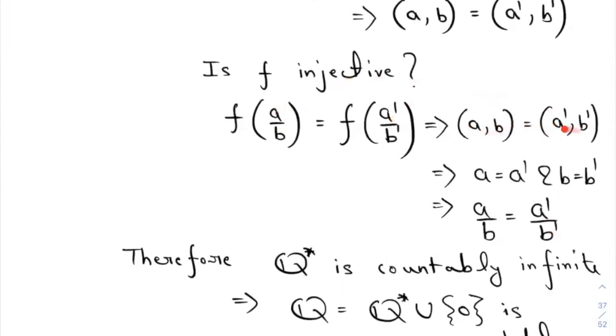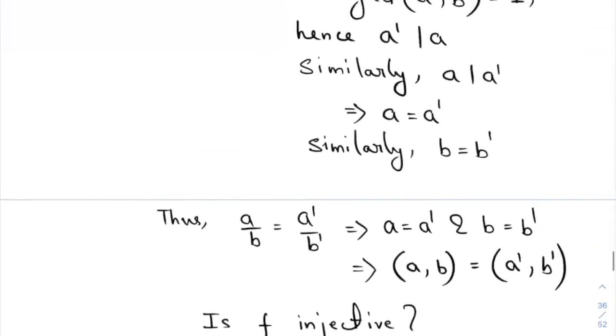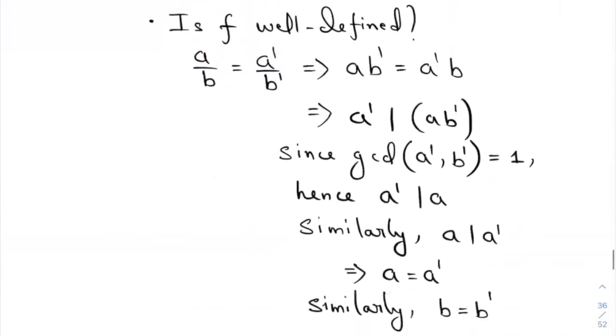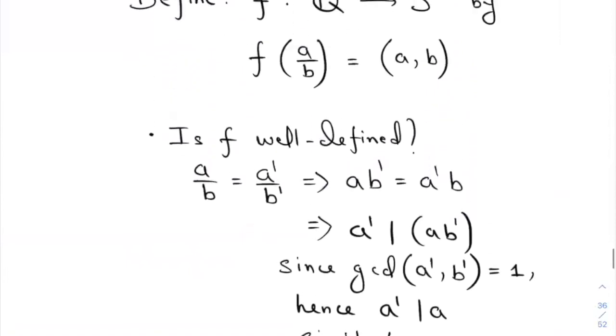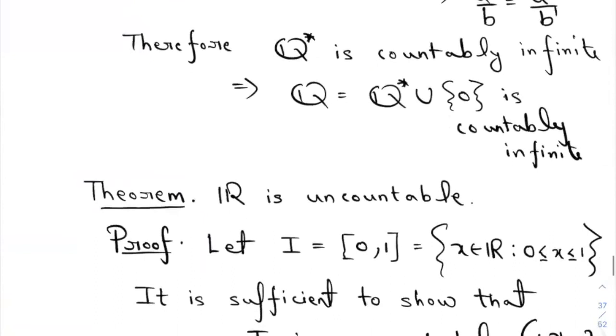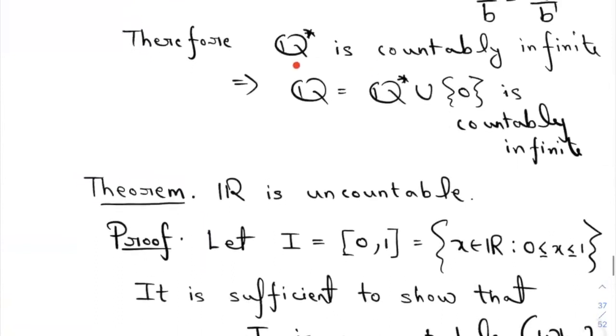That means if these two pairs are the same, then of course A equals A dash and B equals B dash. And then if A equals A dash and B equals B dash, then A over B must be equal to A dash over B dash. So injectivity is easier to establish than showing that the function is well defined. Try it out on your own first. So we're through.